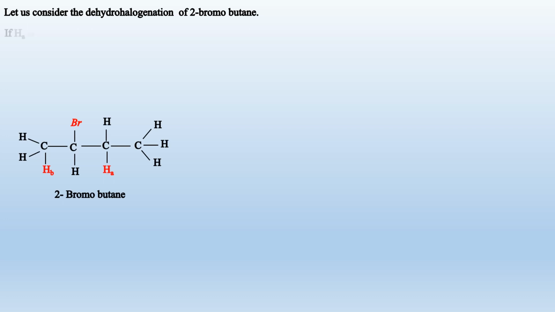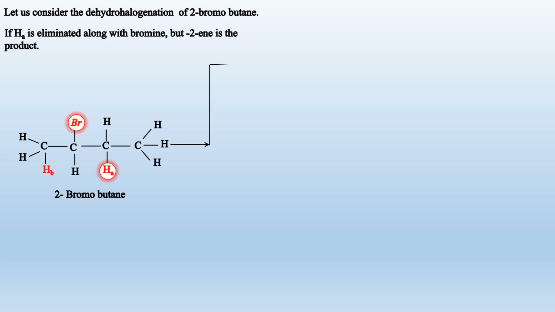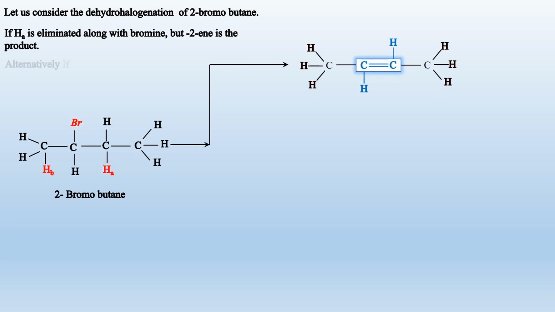If HA is eliminated, along with bromine, but-2-ene is the product. Alternatively, if HB is eliminated, along with bromine, but-1-ene is the product.